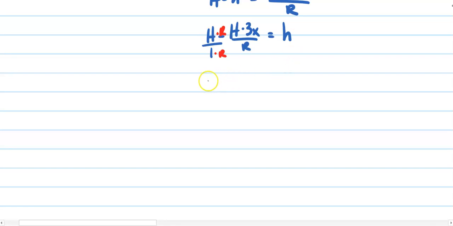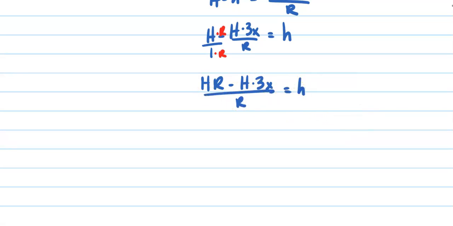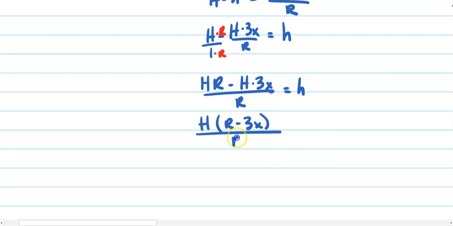And so now we'd be left with Hr minus h times 3x all over r is equal to h. And also because this h is a common factor across the numerator, we could see this as capital H times r minus 3x all over r also equals h.